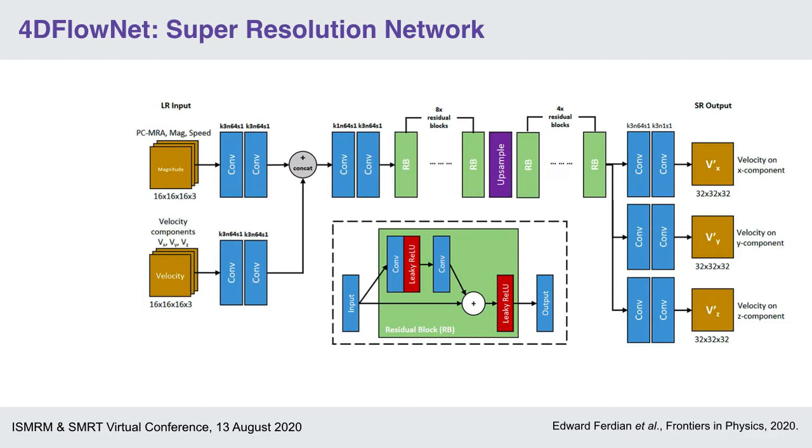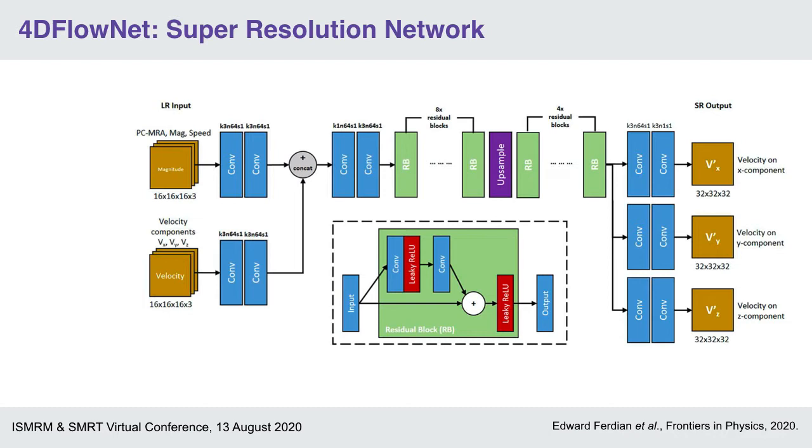The input of the network are 4 images from the 4D flow MR sequence, the magnitude and the 3 velocity encoded images. And then through some deep convolutional layers, he tried to predict the high resolution velocity for each direction.